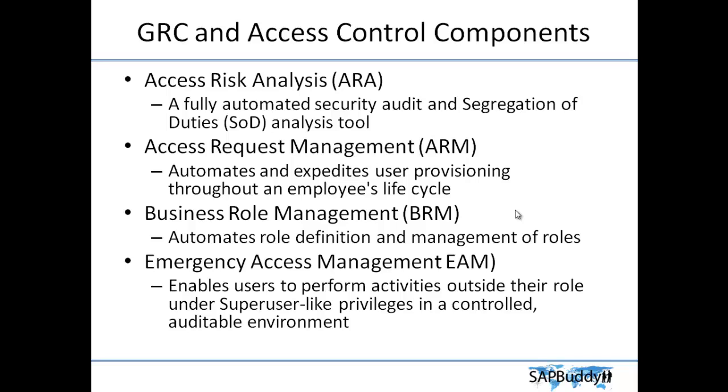And the fourth one is emergency access management, that is EAM. This enables users to perform activity as a super user with privileged access. That means it's a higher level access, but this access you can audit.